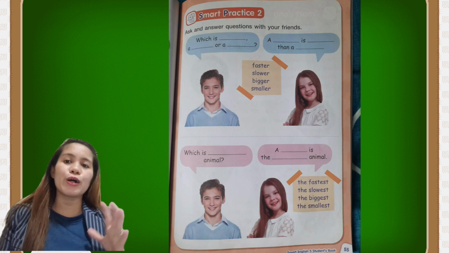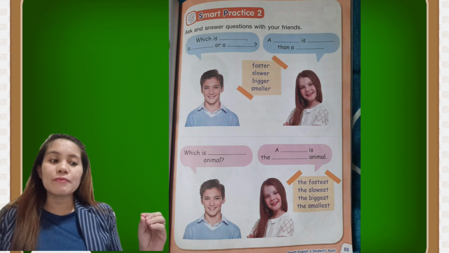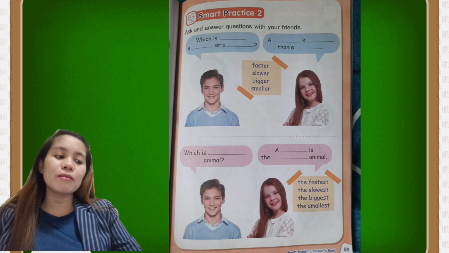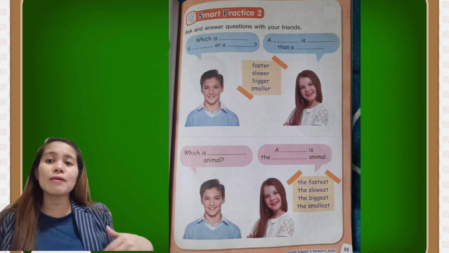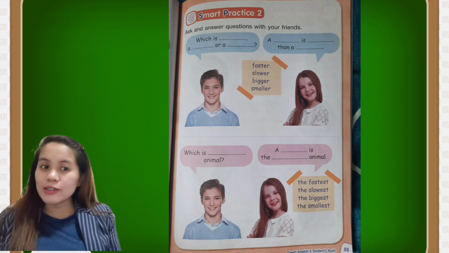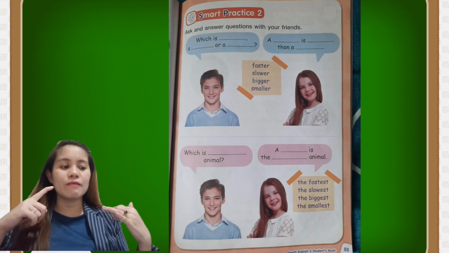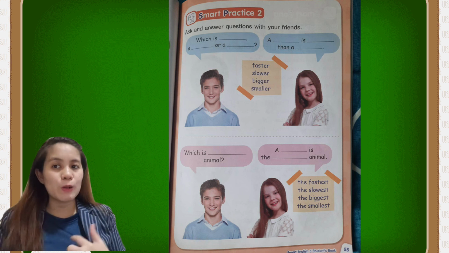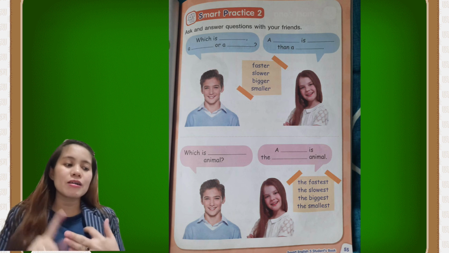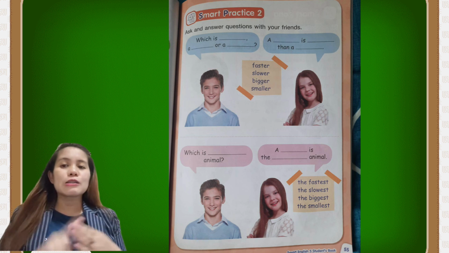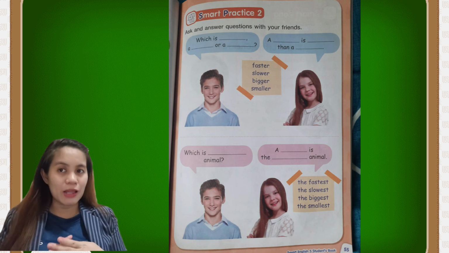You are going to write or fill in the blank using the adjective words. We have fast, faster, fastest. Slow, slower, slowest. Big, bigger, biggest. Small, smaller, smallest.